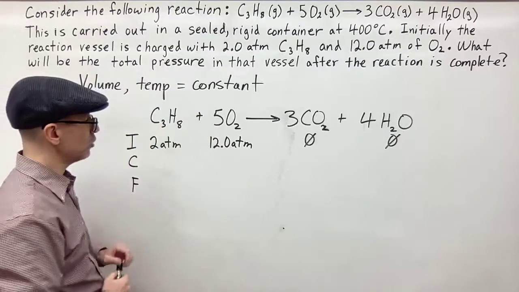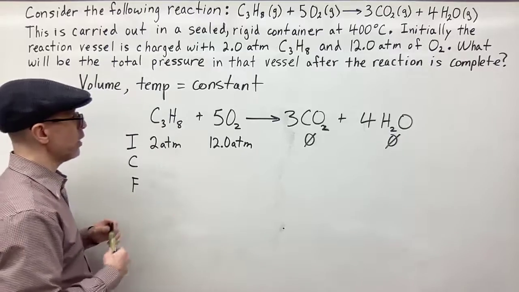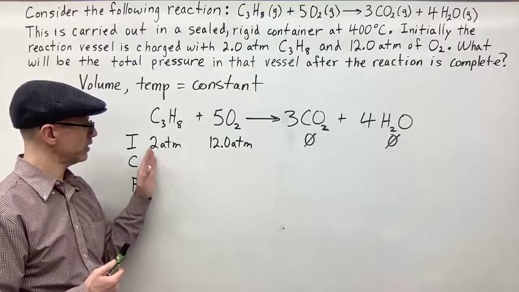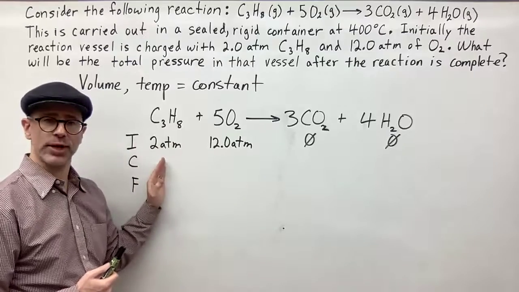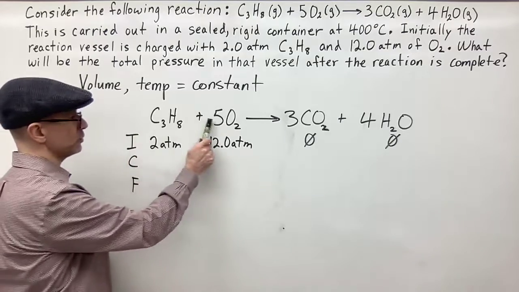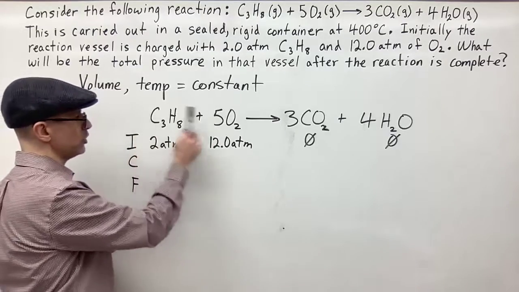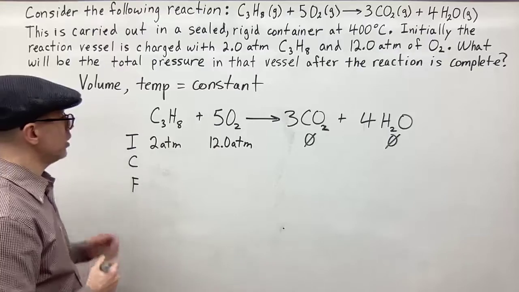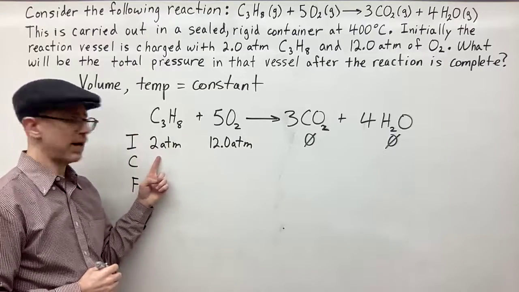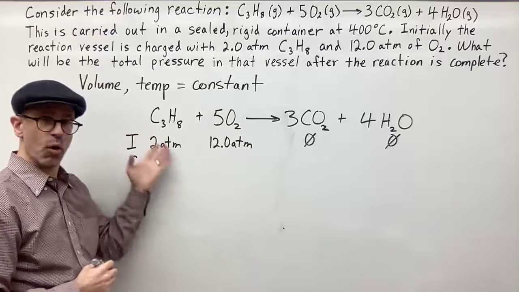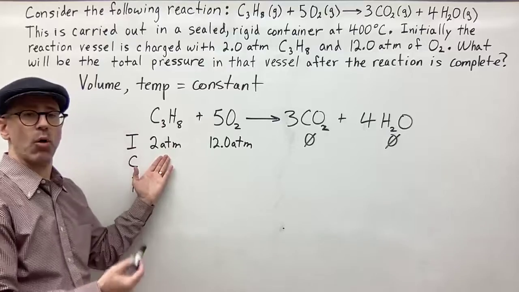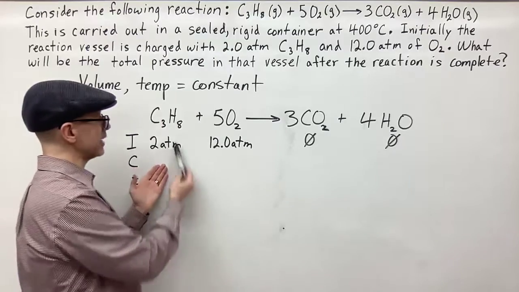Okay, so how do we do that? Well, first we need to figure out what the limiting reagent is, because we're given a certain amount of both reactants. And one way to do that is to look at the ratio, right? So it's a 1-to-5 ratio here. So if I have 2 moles of propane, how many moles of oxygen would I need to react completely?